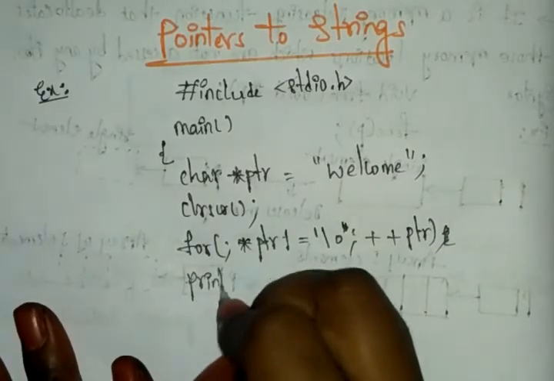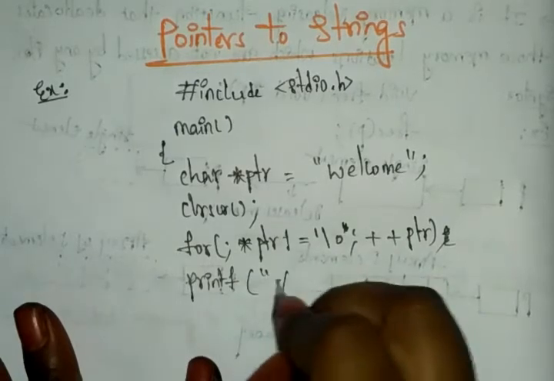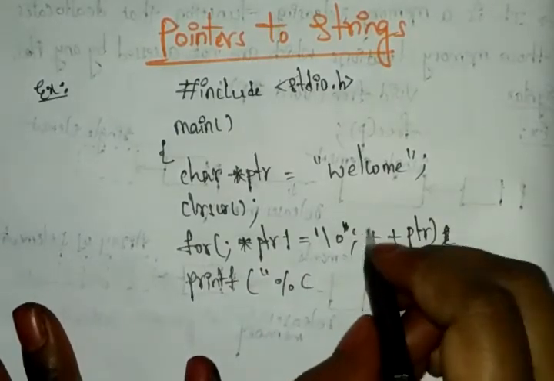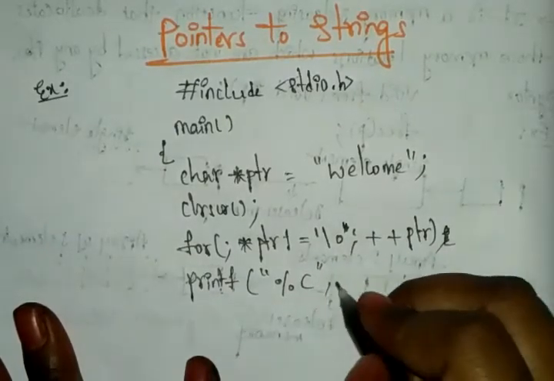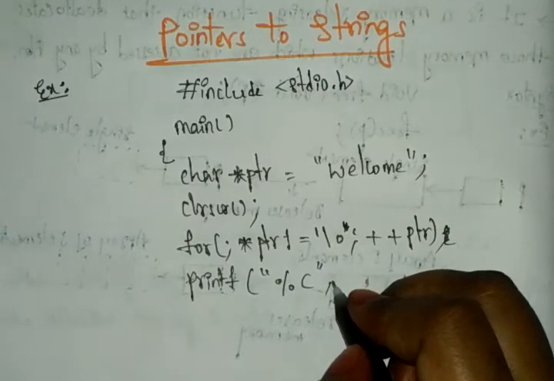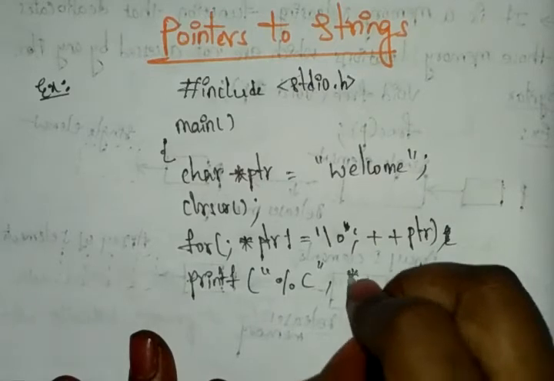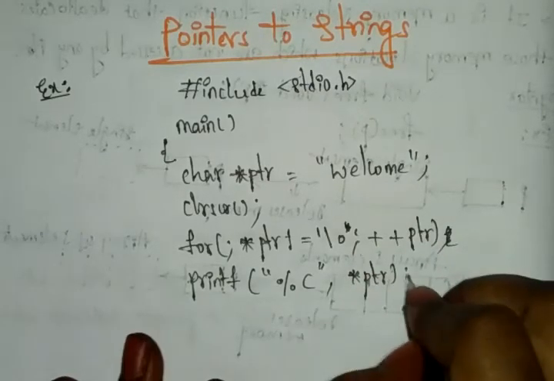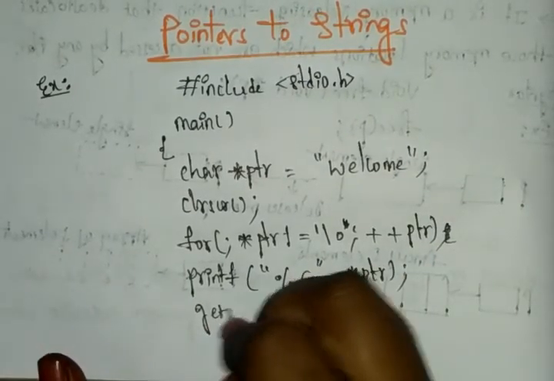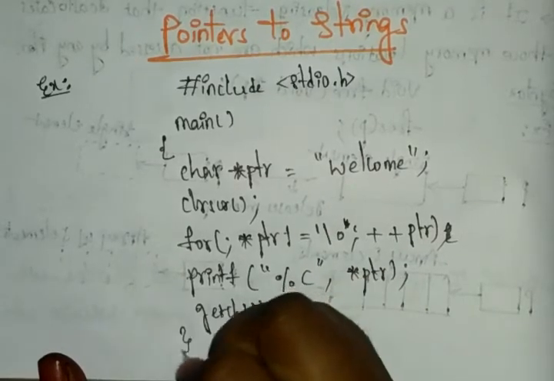And next, printf. In the printf you can define the specifier like percentile C. Why? Because the character has the specifier percentile C, and you can define it with our pointer and write getch, and close this.